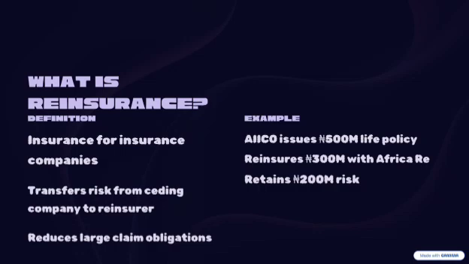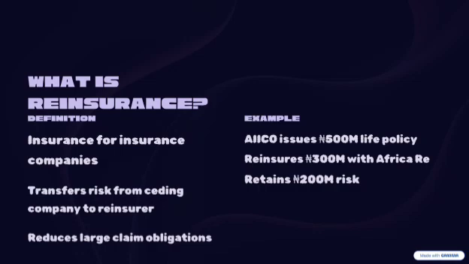What we have here is that the CEO of a Nigerian company creates an insurance with ICO Insurance in Nigeria. That is a 500 million naira life insurance policy that the CEO of a major corporation has with ICO.